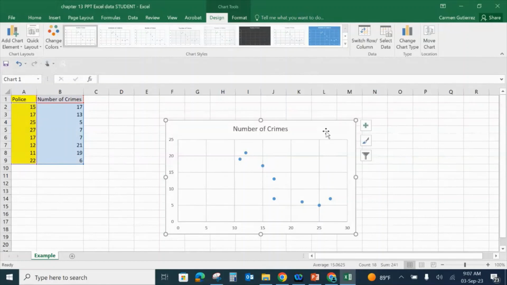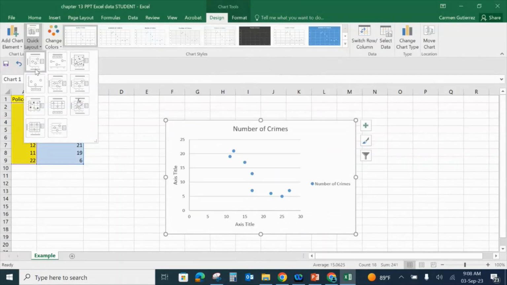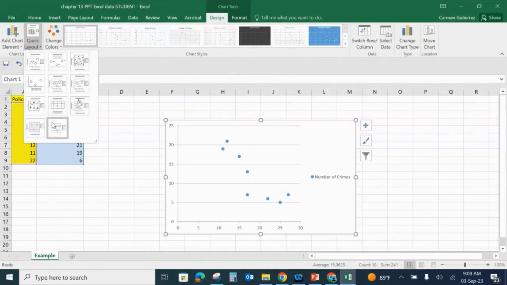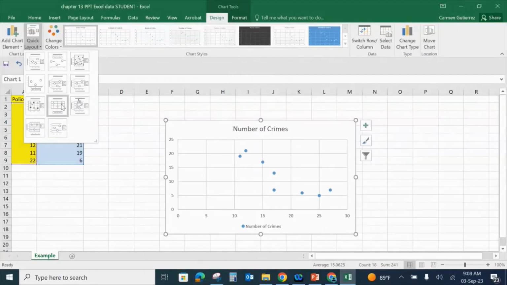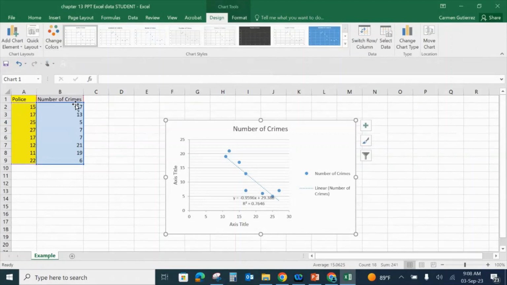Now, I wrote the question, so I know that one of the questions will ask me for my coefficient of correlation and coefficient of determination. Plus, I also need the equation of the line. To get all of that, a quick way is to go into Quick Layouts. You have many different ways to display the data. Again, I'm not clicking, I'm just hovering. Go to the one that has an fx. fx means function for Excel.